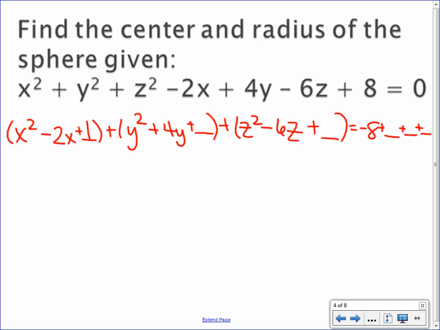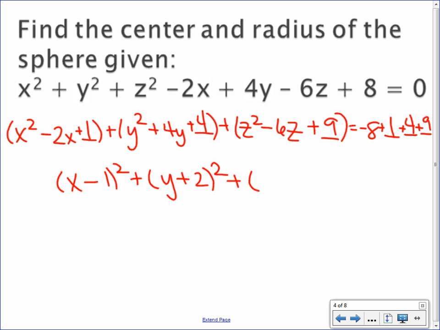We have to add 1, 4, 9, 9. Okay. So we have (x - 1) squared plus (y + 2) squared plus (z - 3) squared equals 6.